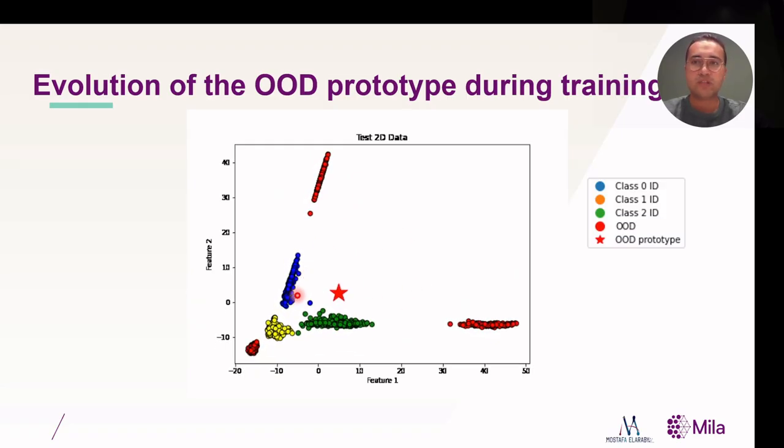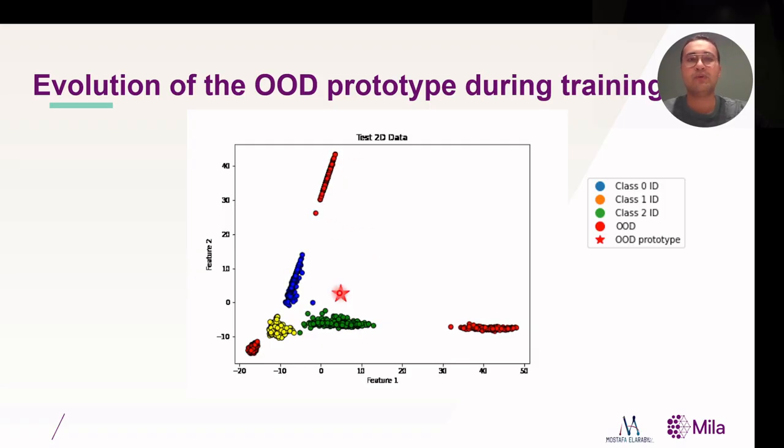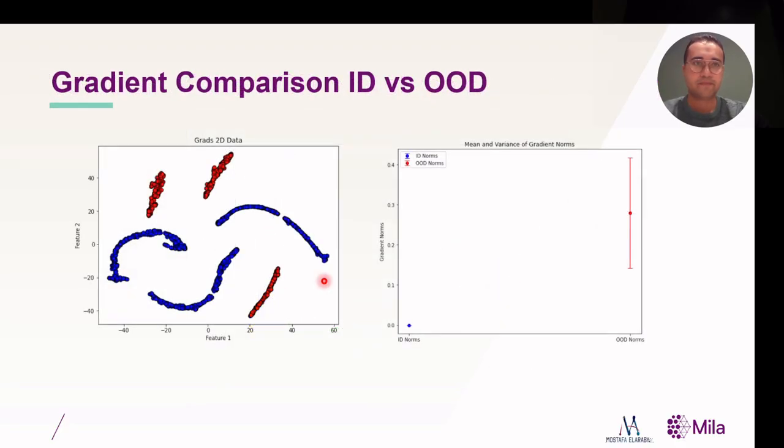Now it was able to disentangle in-distribution data from OOD data, and as you can see, the OOD prototype is not supposed to be near your OOD data. It acts just as a reference point when we take the gradients to be able to say, oh, this has the characteristics of in-distribution data, or this has the characteristics of out-of-distribution data.